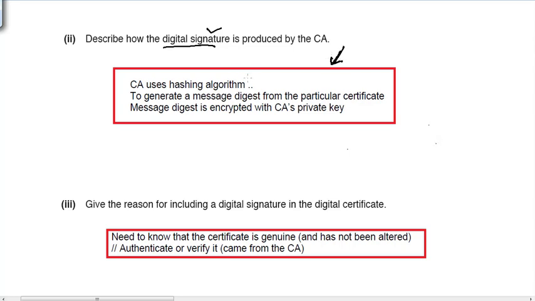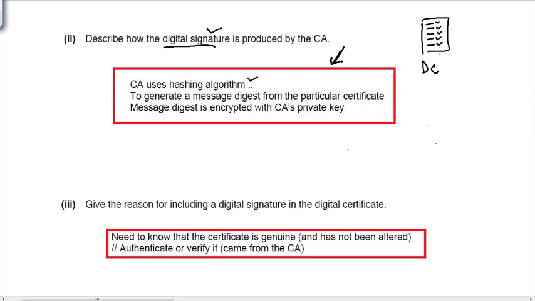See, the certification authority uses a hashing algorithm, and remember, when it was creating the digital certificate for company A, there were different data items that were part of the digital certificate. There was the serial number, the version number, the public key, the date of expiry, the name of the company, right?